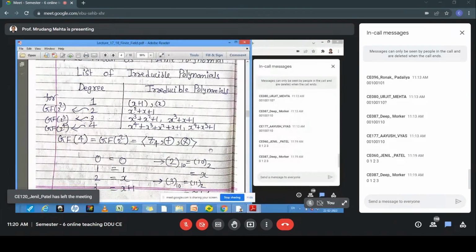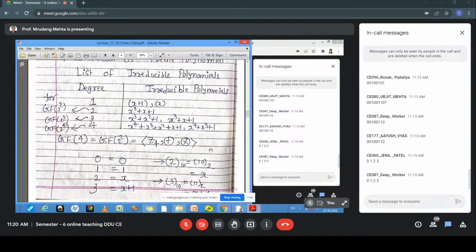If we take it as coefficients, that is 0 into x raised to 1 plus 0 into x raised to 0.